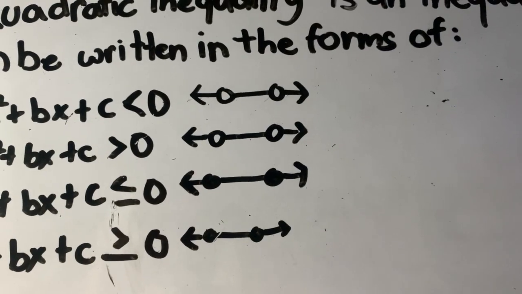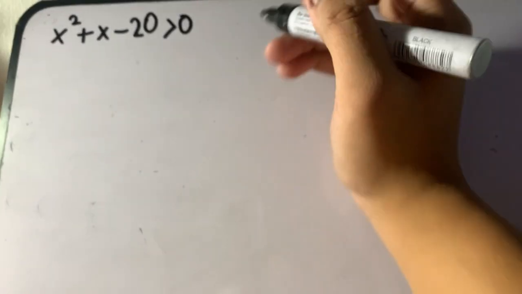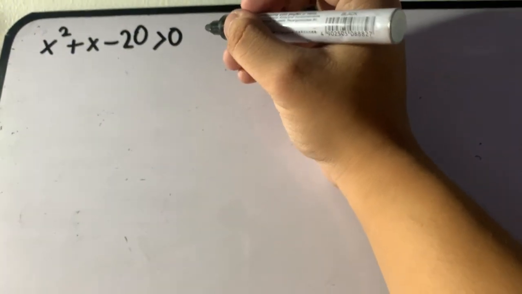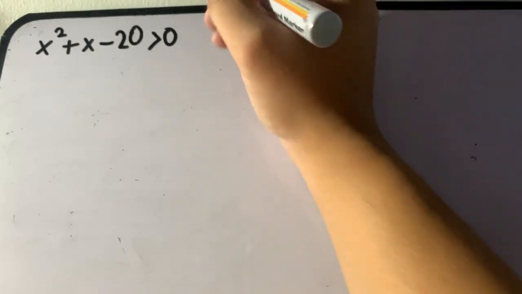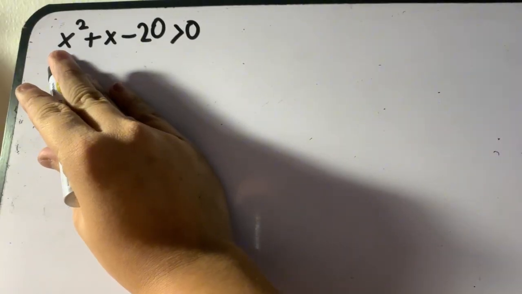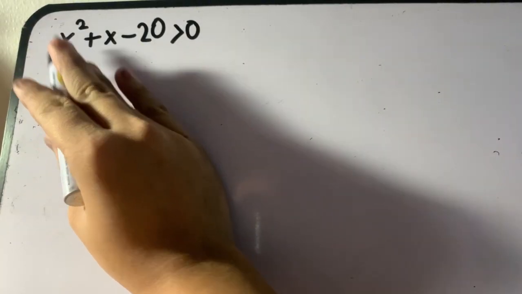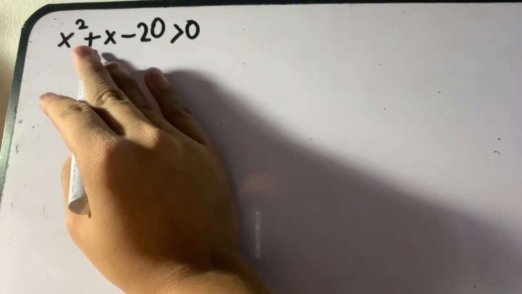So let's get an example. We have a question here: x squared plus x minus 20 is greater than 0. What we're going to do first is factor this out. What are factors that can be multiplied to -20 but add up to just 1, or x?